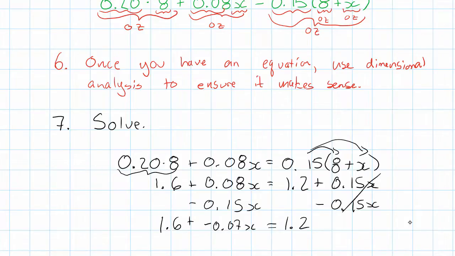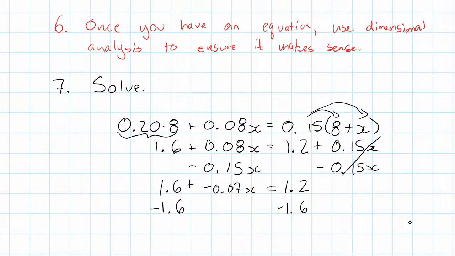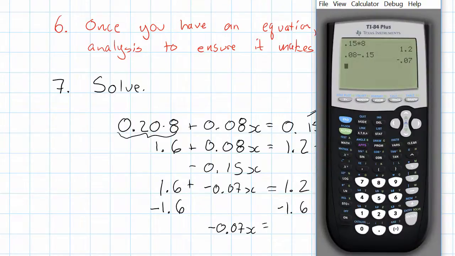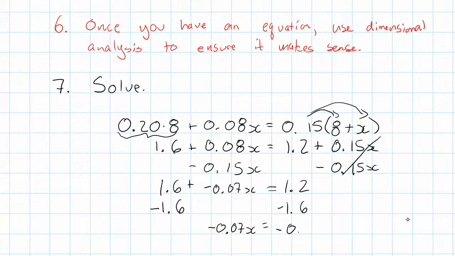Okay. And now I need to get rid of the 1.6 on the left. I'm going to add negative 1.6 on both sides. Negative 0.07x equals 1.2 minus 1.6 is negative 0.4. Finally, I need to get rid of the negative 0.07.